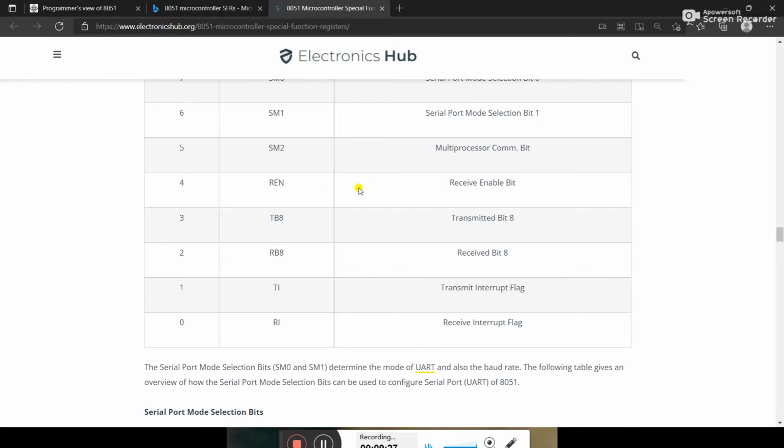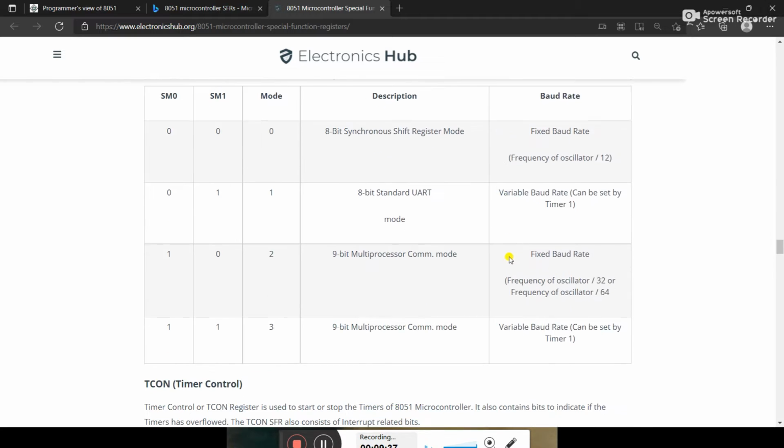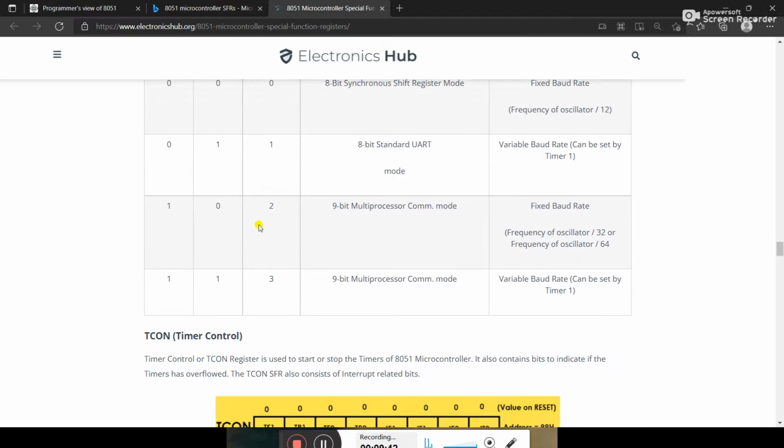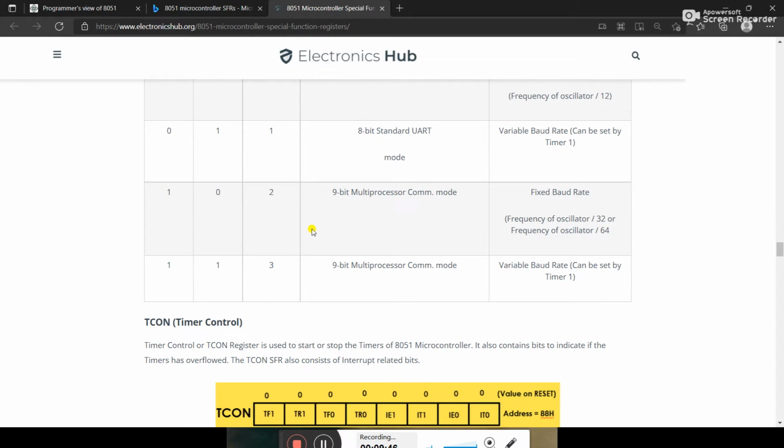REN is the receive enable bit, TB8 and RB8 are transmit bit 8 and receive bit 8, and TI and RI are the interrupts for this purpose. So there are some modes of these bits, and I will discuss them when this serial control register comes in the coming lectures.